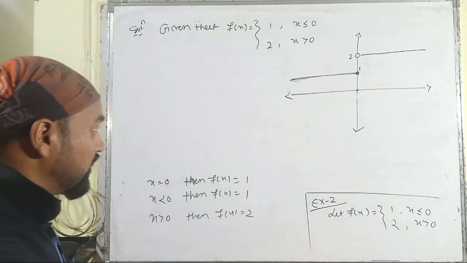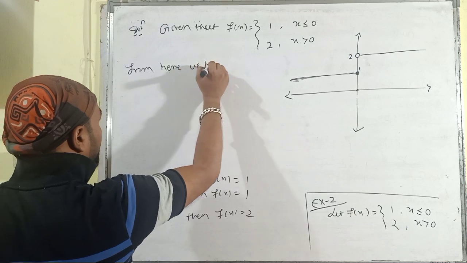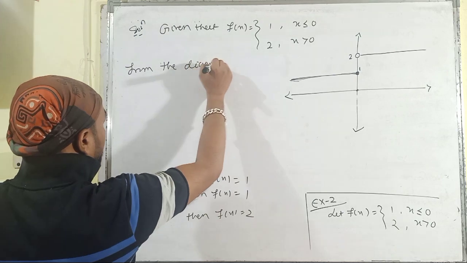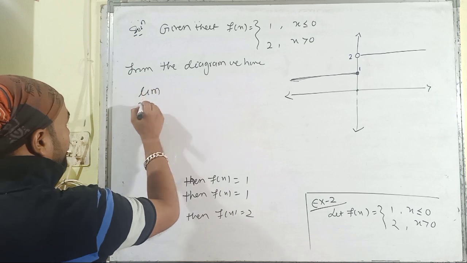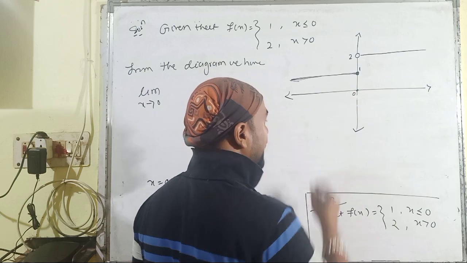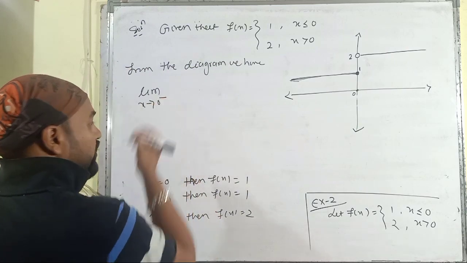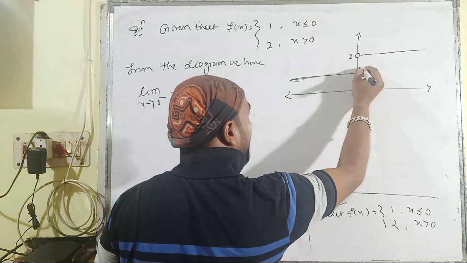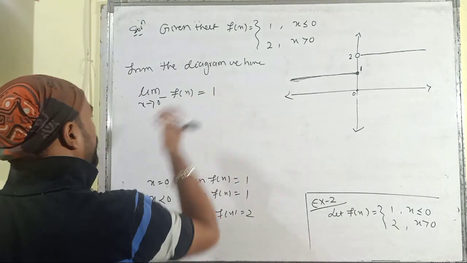So from this diagram, we have the left hand limiting value. Whenever x approaches 0 from the left hand side, that means 0 minus, the limiting value of f of x approaches the point 1.